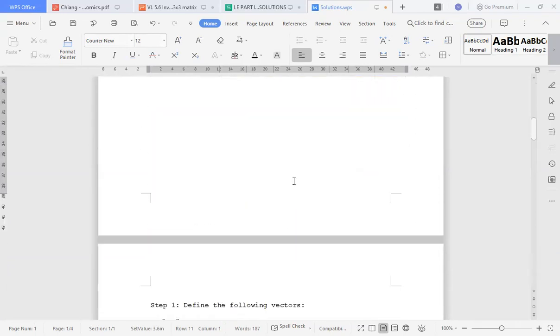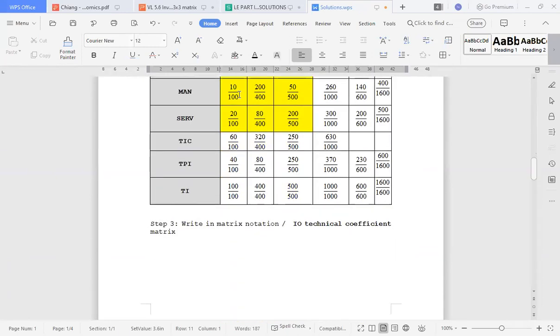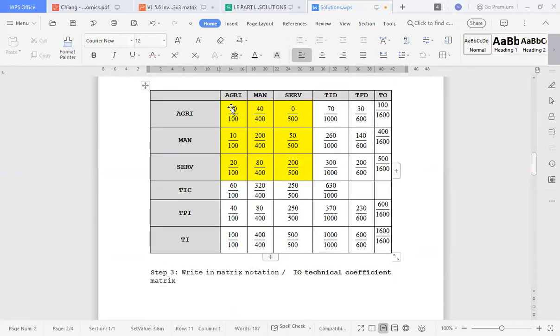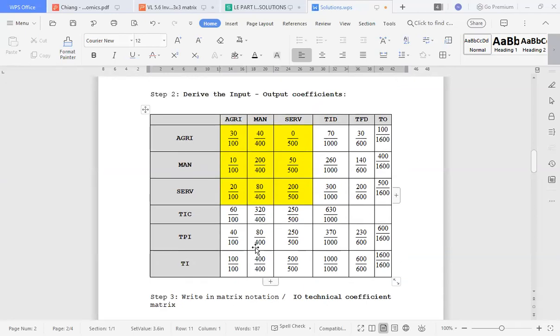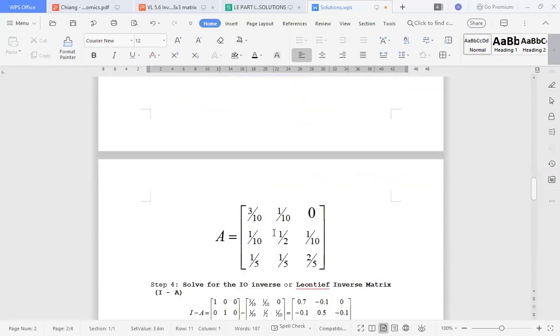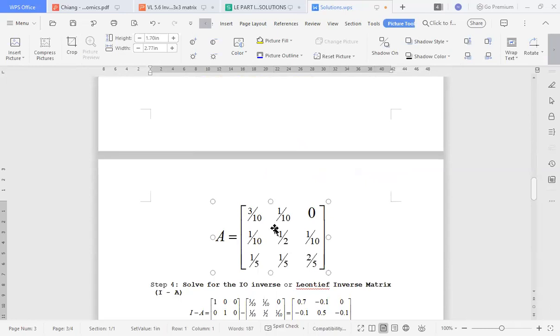So dividing each element from the IO table, you will need to simplify it in order to write it in matrix notation. That's 30 divided by 100, which would be equal to this matrix here.